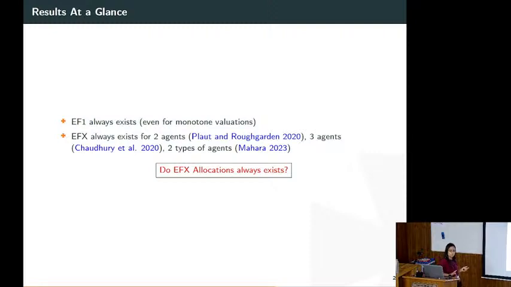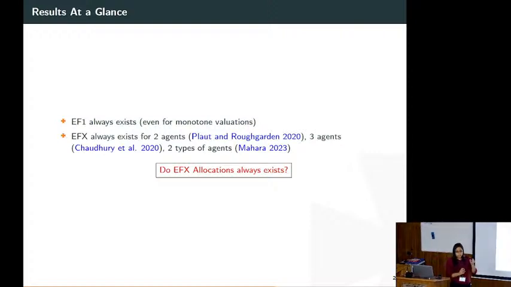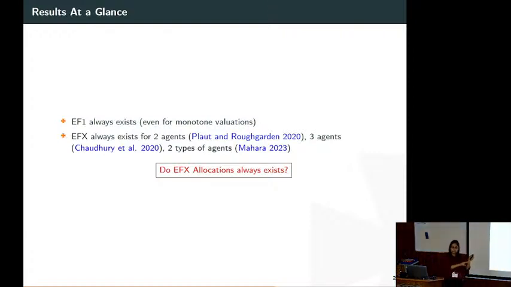We know that if there are 2 agents, you can design protocols that give you EFX allocations in reasonable time. For 3 agents with 2 types of agents, by 2 types I just mean that if you look at your valuation matrix, there are only 2 kinds of rows. Does that make sense? Okay.